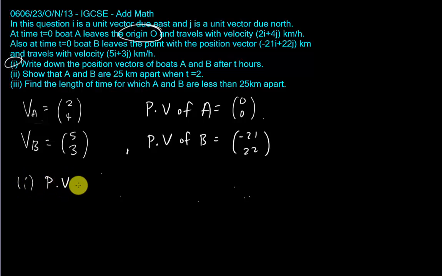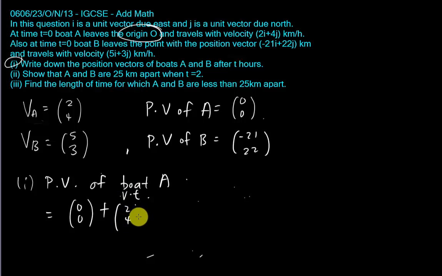Position vector, just make sure you don't write short form in the exam. Position vector of boat A is very easy. Always write your original position, which is 0, 0, plus the new position vector, which is velocity multiplied by time. Your velocity is given, which is 2, 4, multiplied by time t.